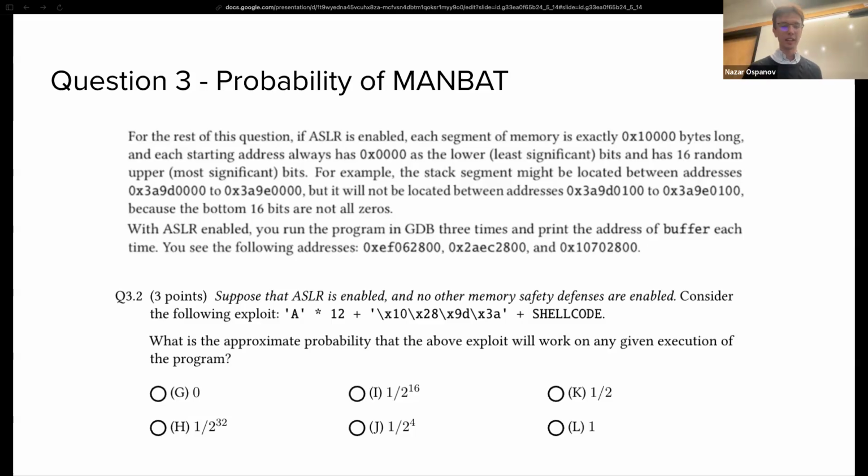Consider the following exploit: 12 bytes of garbage plus the RIP plus shellcode, RIP plus 4. What is the approximate probability that the above exploit will work on any given execution of the program? Note that all the previous part is saying is that the bottom 16 bits are going to be 0. I'm going to give you guys 2 minutes to think about it, and then we can recap.